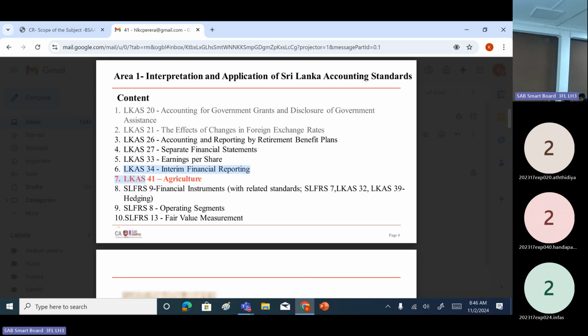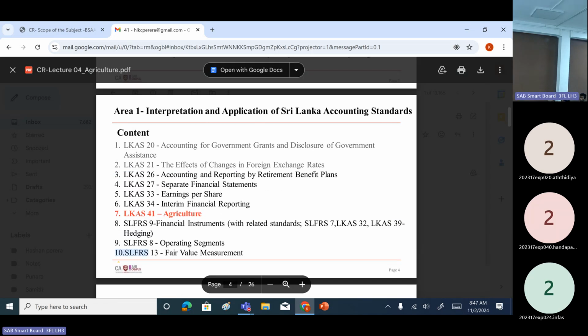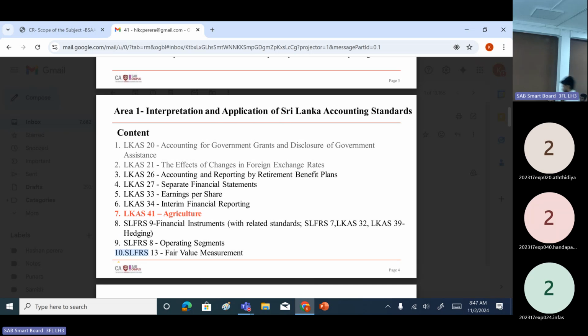These are the standards we have to complete: Government grants, LKAS 21 as I discussed, effects of changes in foreign currency exchange rates, separate financial statements, earnings per share, separate financial reporting, agriculture, financial instruments, operating segments, fair value measurement. These are the set of standards we need to cover in the classroom.